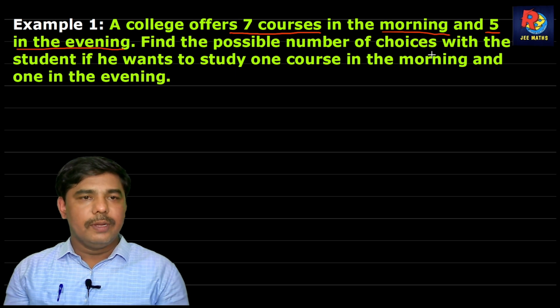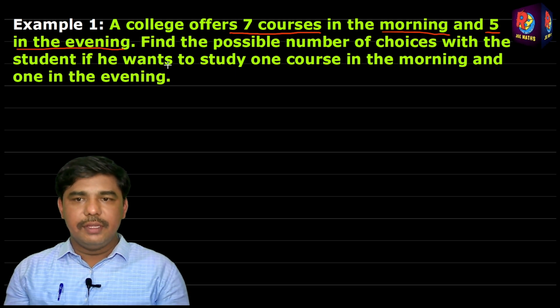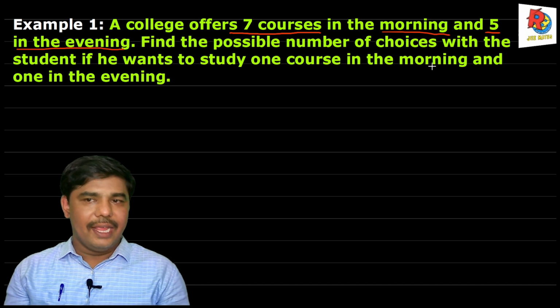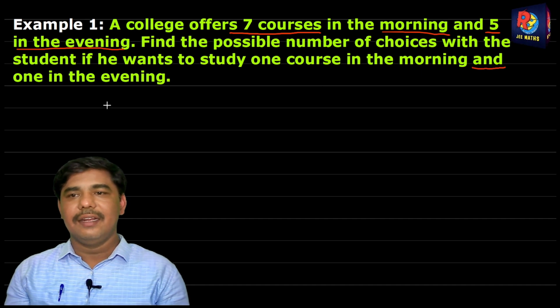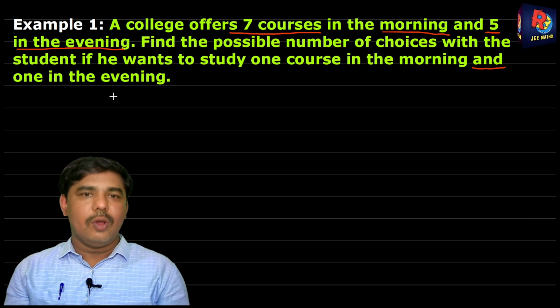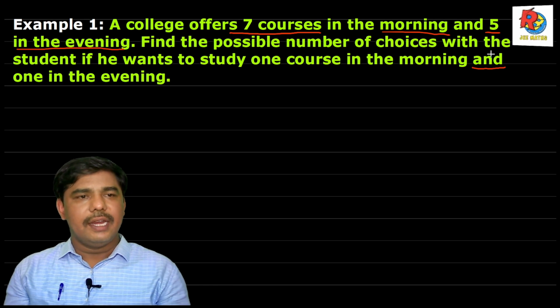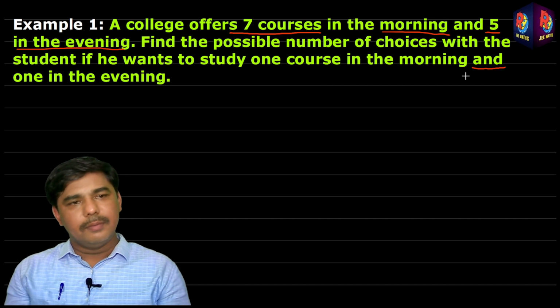Find the possible number of choices for a student if he wants to study 1 course in the morning, and here the keyword "and" is there, and 1 in the evening. How many ways can you choose the courses? Since the word "and" is there, 100% we are going to apply the multiplication rule.